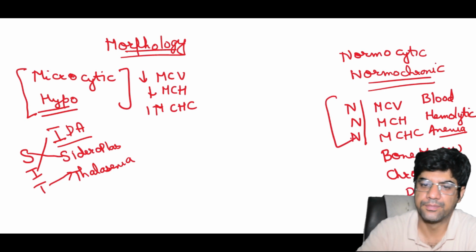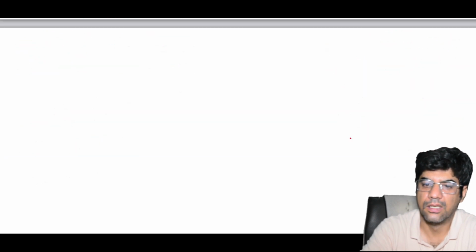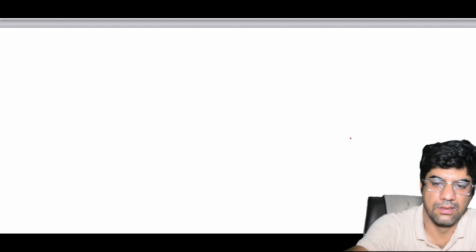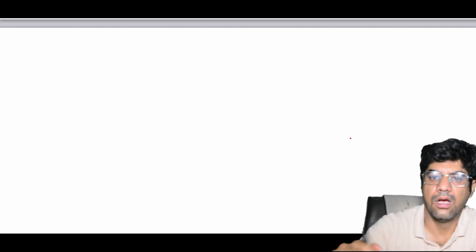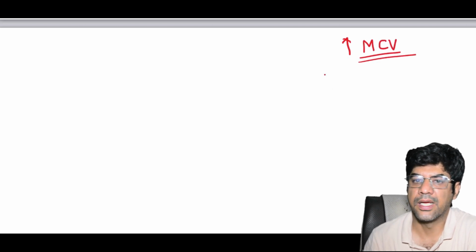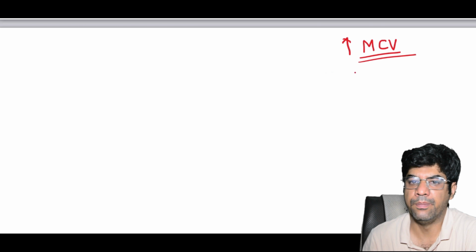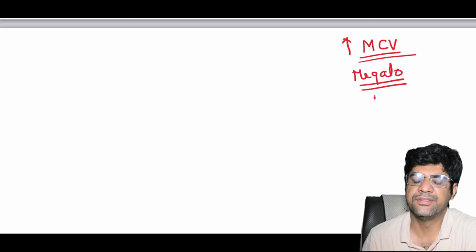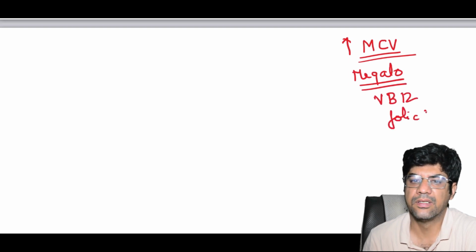So remember that. Other is raised MCV, an example being megaloblastic anemia due to deficiency of vitamin B12 or folic acid.